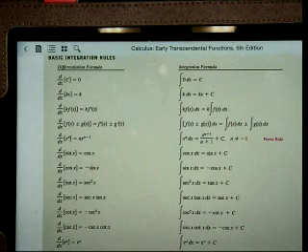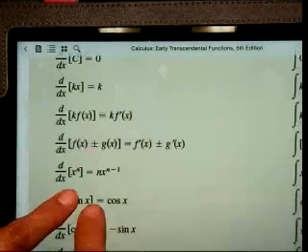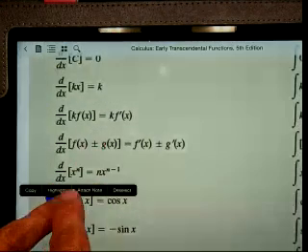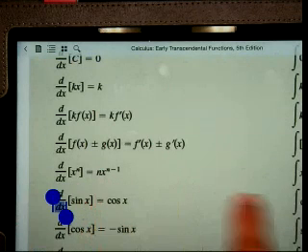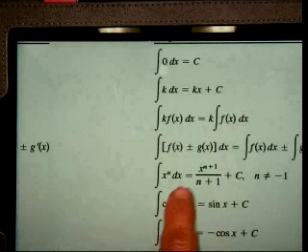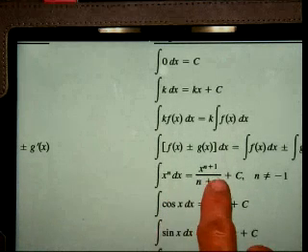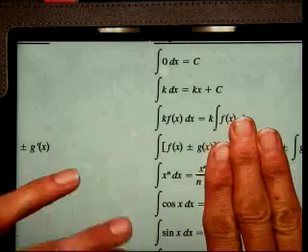Here's the power rule for derivatives. The derivative of x to the n, you bring the n out front and then subtract 1 from the exponent. Same thing as an antiderivative rule. You add 1 to the exponent and then you divide by your new exponent. I'm going to cover this up for a second and see if y'all can help me figure it out.